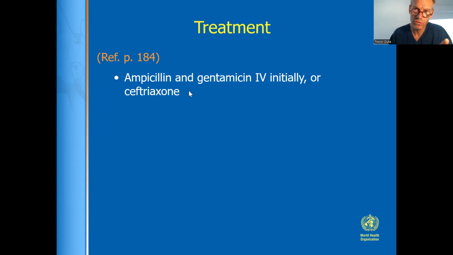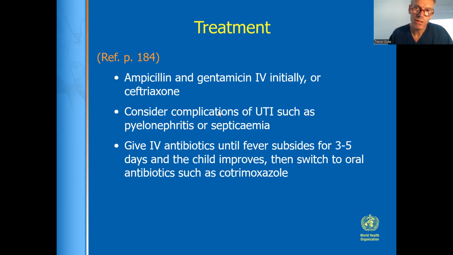Or alternatively, you could use intravenous ceftriaxone, but ampicillin and gentamicin is probably better for most urinary tract infections. You should consider whether this child's got just a bladder infection or whether he's got pyelonephritis or generalized septicemia.